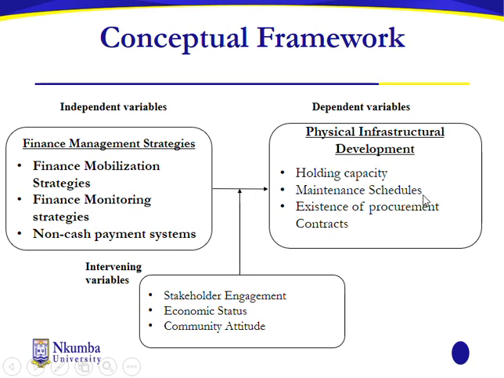You ask, how often do you maintain these buildings? Can you give me a plan? Print it out for me. It's not there. Then possibly they will not maintain the buildings. Then existence of procurement contracts. Are there some people who've been contracted to build? If they are not there, then you can base on these ones to check infrastructure development. You find those things you have to base on to measure that variable.